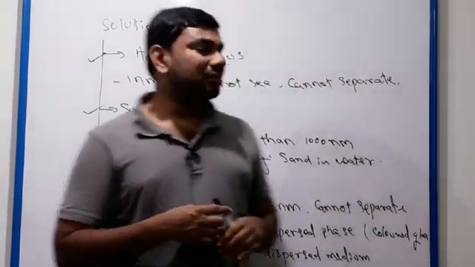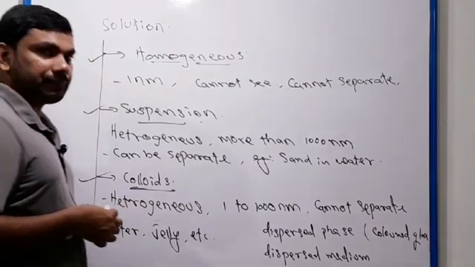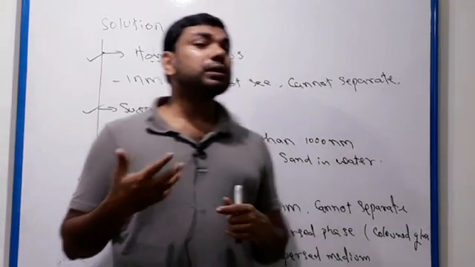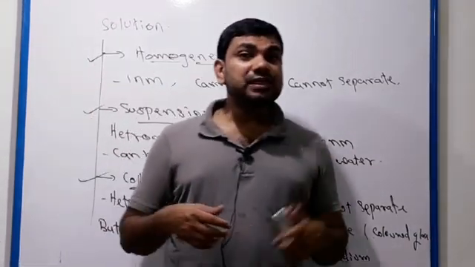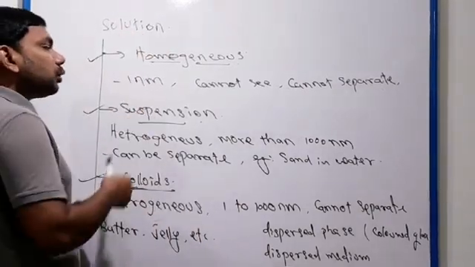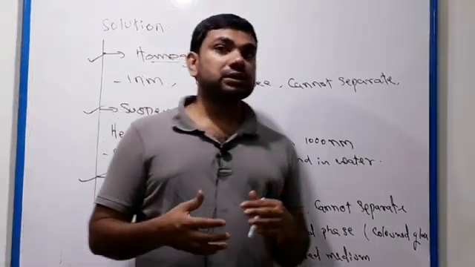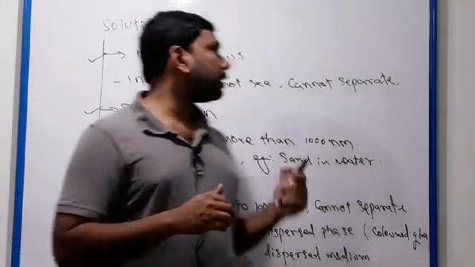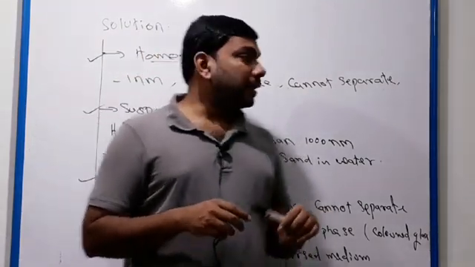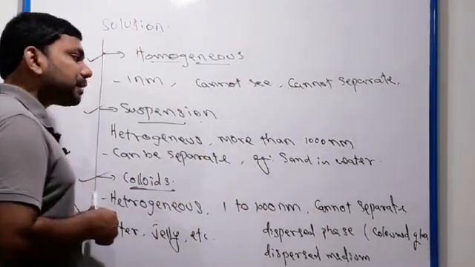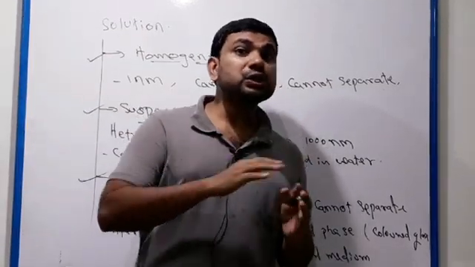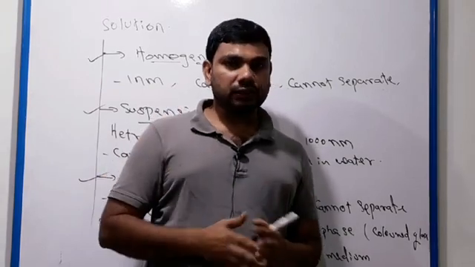The second one is suspension. In a suspension the particle size is bigger, more than 1000 nanometers. In the previous one, the solution, the size of the particles is 1 nanometer or less. The particles are so small that they cannot be separated. But a suspension is a heterogeneous mixture, so the solute particles are not homogeneously dissolved.